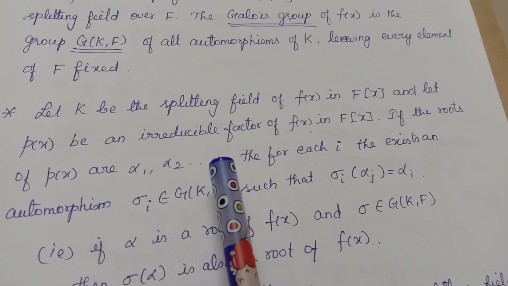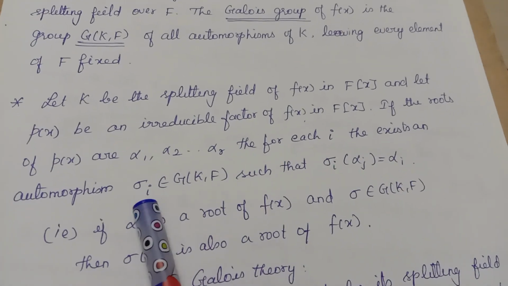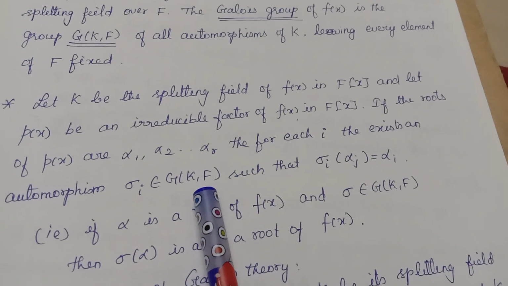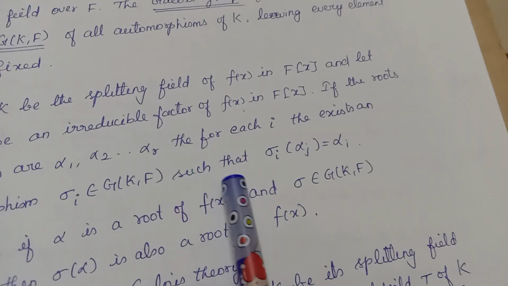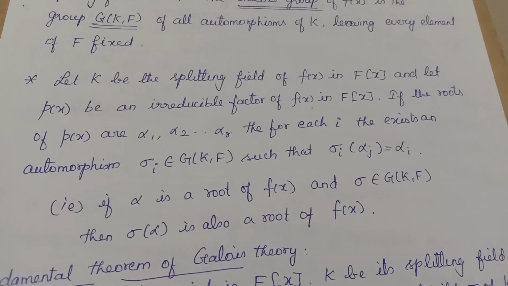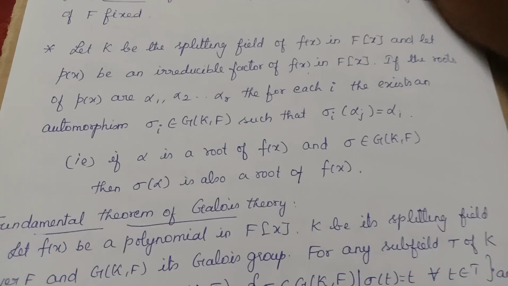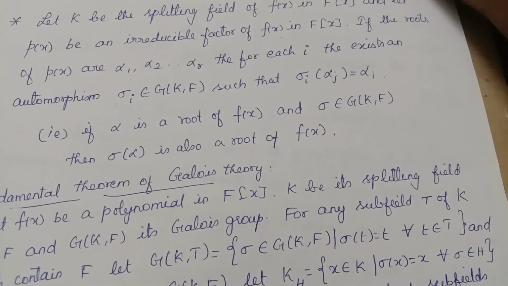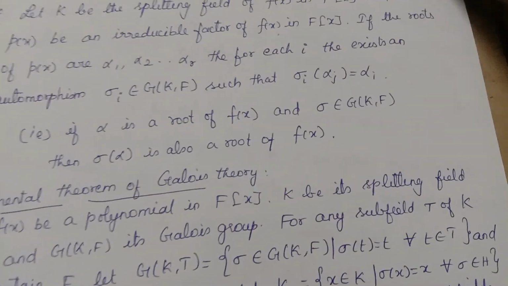Then for each of these roots, we can find an automorphism in the Galois group such that sigma i of alpha j equals alpha i. This is nothing but bringing a permutation group in the group of automorphisms, right?